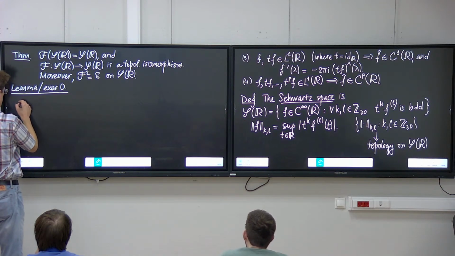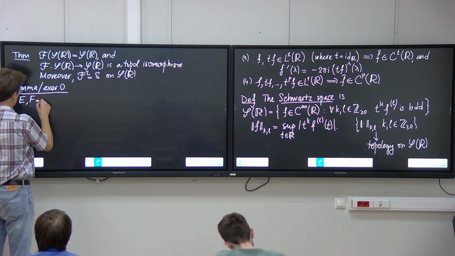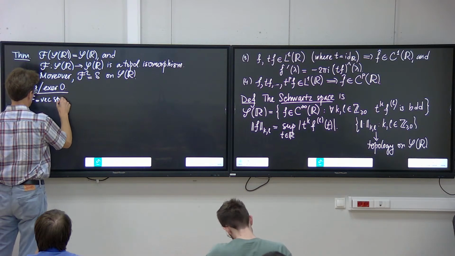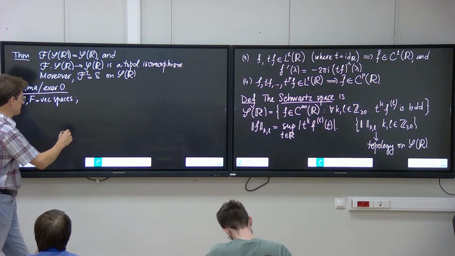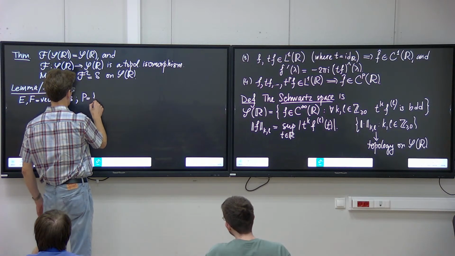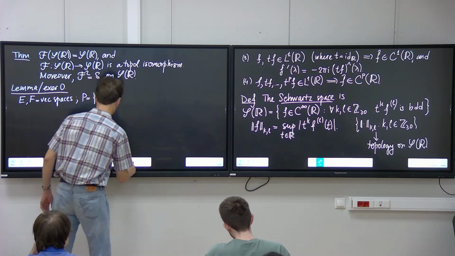You will have two vector spaces, say E and F, and each of them is equipped with a family of seminorms. So suppose that P is a family of seminorms on E.